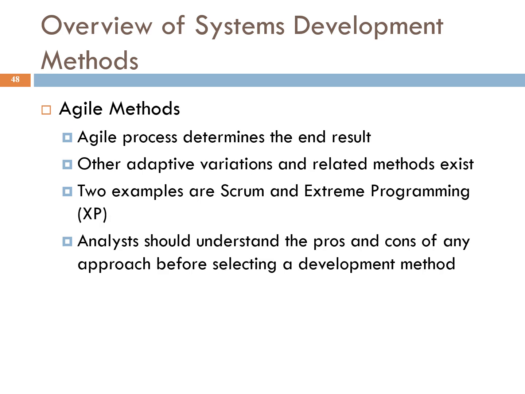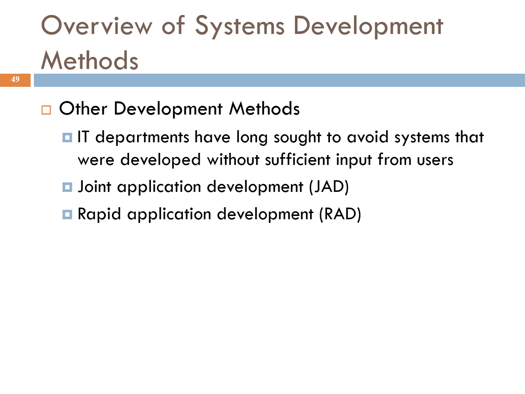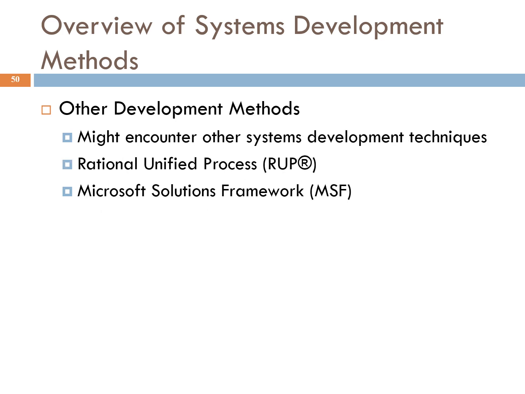Okay, Agile method determines the end result, and adaptive variation and related methods exist. Other development methods are listed here. Okay, here are also a few more development methods.